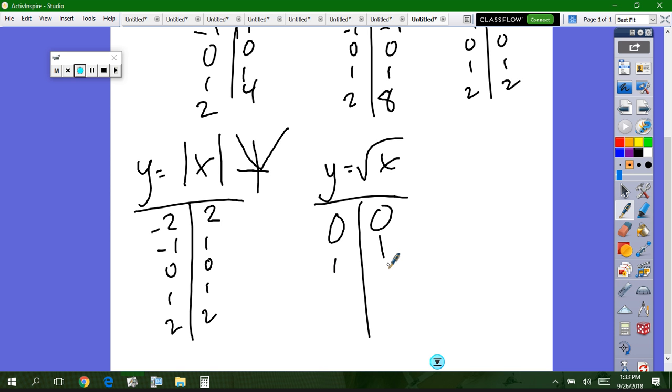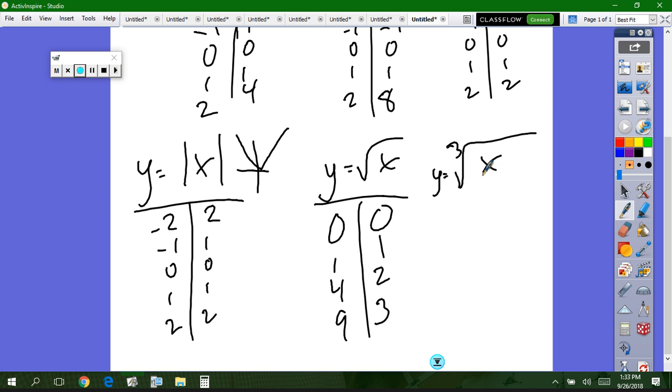Why do I want to pick it though? Not perfect. So what's probably next? 4 and 9, right? You guys agree with that? Could I pick 7? And then what's the result? Square root of 7, and then I have to plot square root of 7, and I'm like, no. Right? What else? I could do 16, but I'm not.